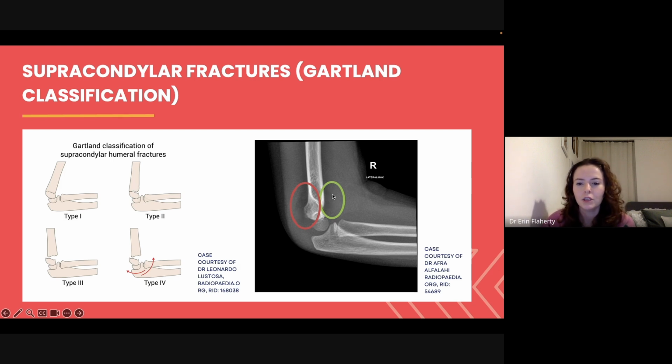Anterior fat pad you can see in some cases where there's just been some soft tissue injury and not necessarily a fracture, whereas a posterior fat pad sign is pretty much always a guarantee that there's going to be a fracture somewhere in there. So it's worth keeping an eye out for those things, and they can give you good indication as to whether there's a fracture there if you're not totally sure.